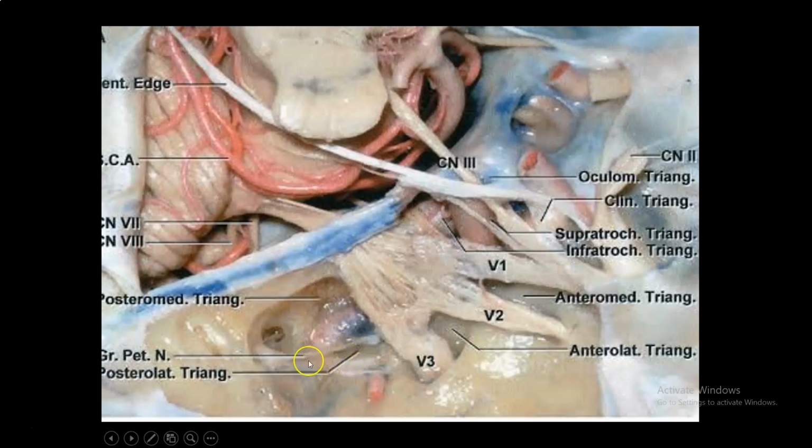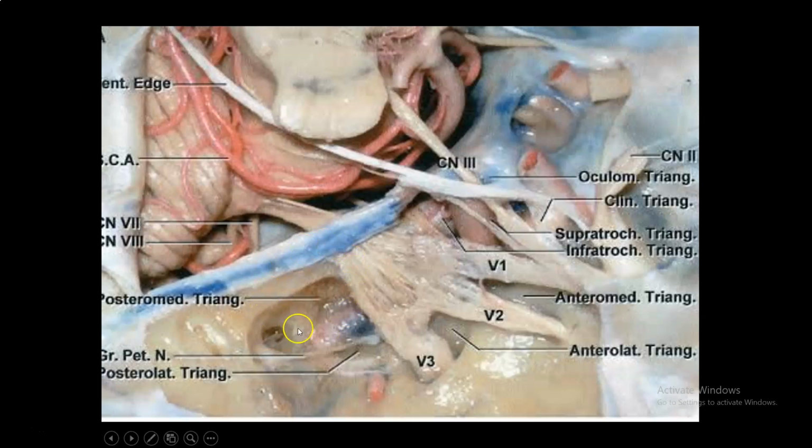As we said before, the greater superficial petrosal nerve is here. What is lateral to it is present in the floor of the middle fossa. This is the middle meningeal artery, with the foramen spinosum behind it. Glasscock's triangle is lateral, while Kawase's triangle is present in the petrous bone, medial to the greater superficial petrosal nerve, between the greater superficial petrosal nerve and the petrosal sinus.